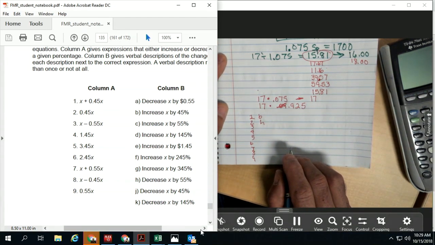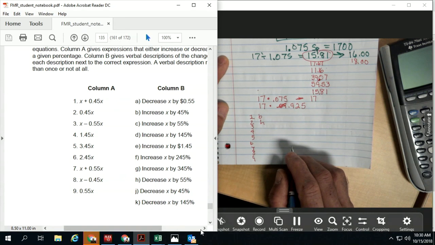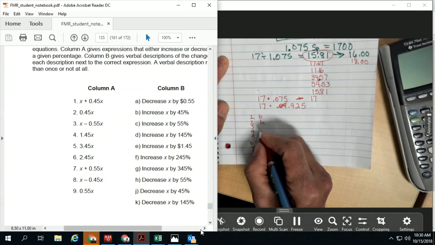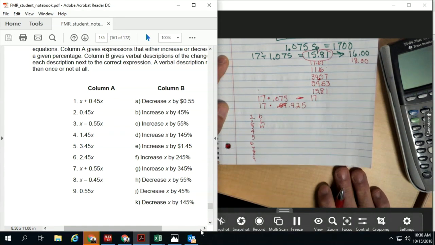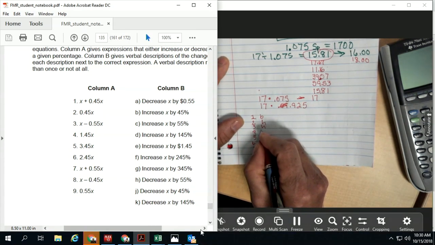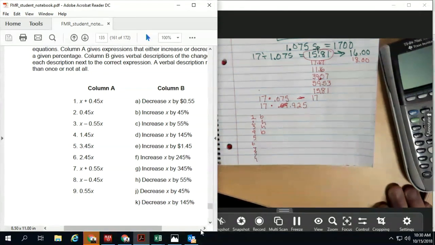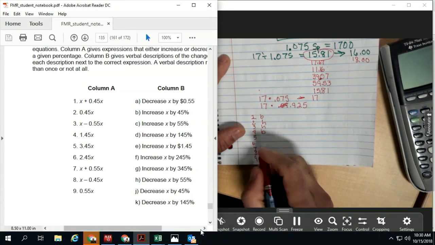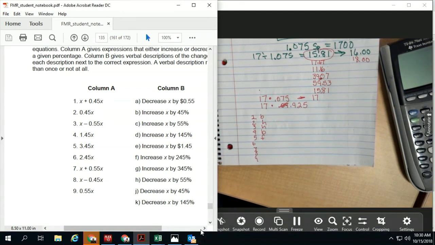3. H, decreased by 55. 4. B, good. 5. F. Why do you think people are tempted to say G? Because they see the 345 and they see the 345 and they say, oh, those are the same thing.